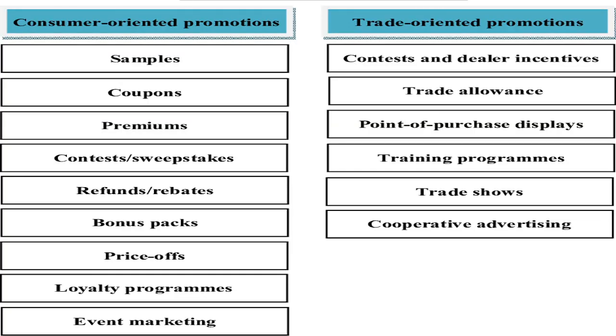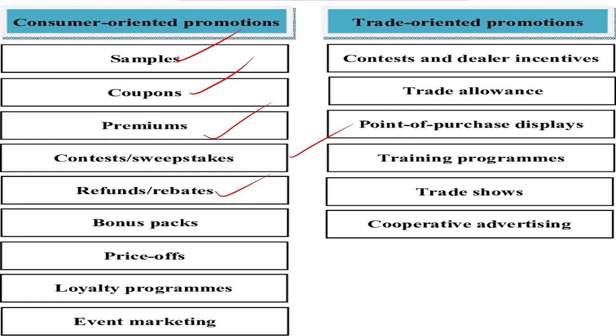Now we have to understand what the consumer-oriented promotions and the trade-oriented promotions are, because a multiple choice question can be framed from here. Let's understand consumer-oriented promotion. First are free samples, and coupons are also provided. Then premiums, which are additional in nature. Then consumer contests and refunds, which you might have seen in Paytm and Google Pay apps.